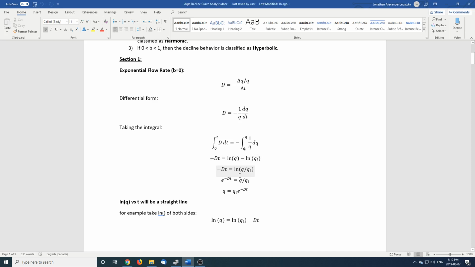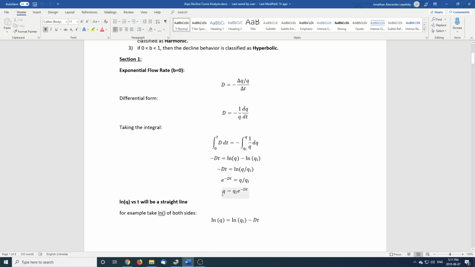Then you want to take the exponent of both sides such that you get e to the minus Dt on this side. And if you take e to the ln Q over Qi, then because those are inverse functions, they cancel out, and you just get the equation in this form. Then multiply both sides by Qi, and you get your flow rate equation for exponential flow.